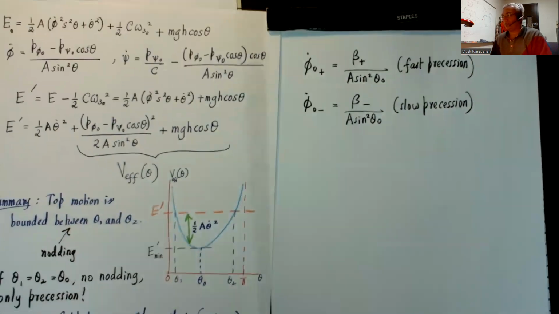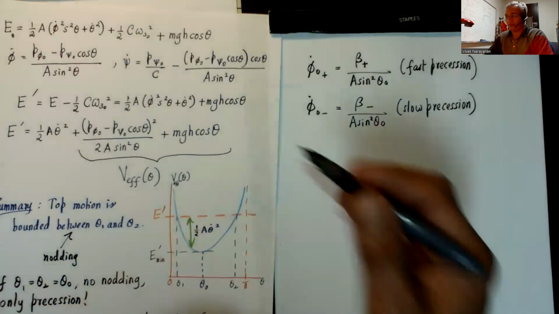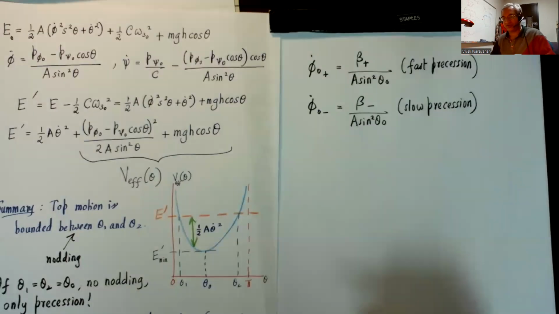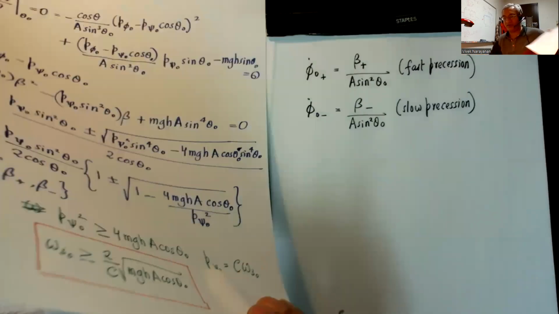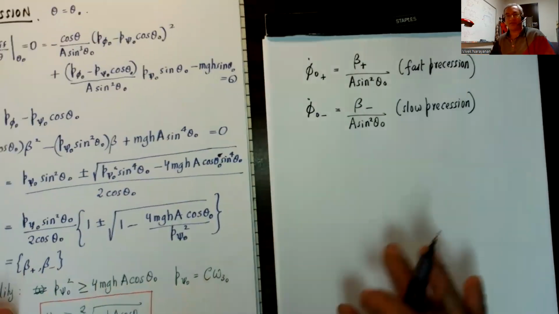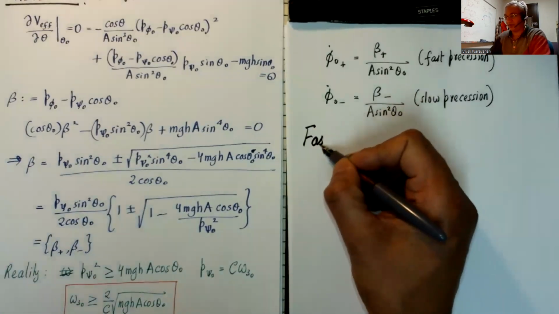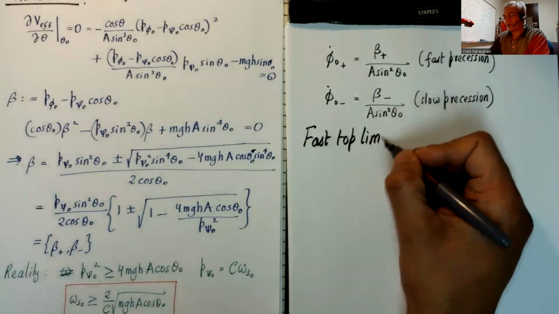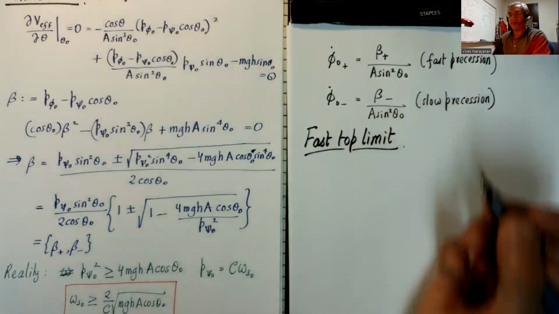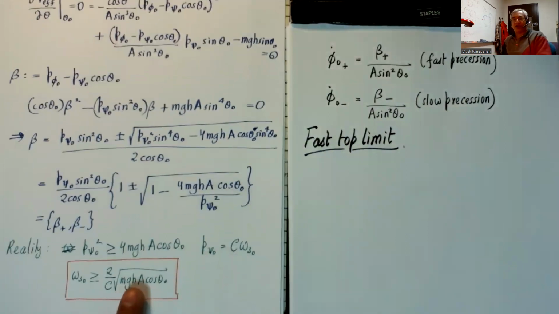Now, I'm going to do a limit so we can actually see something more interesting than these monstrous expressions. You know, your beta is this horrible thing there. So let's try to get some intuitive feeling, and that's called the fast top limit. We already know this fast top limit needs to be satisfied. Otherwise, you could possibly not have precession.